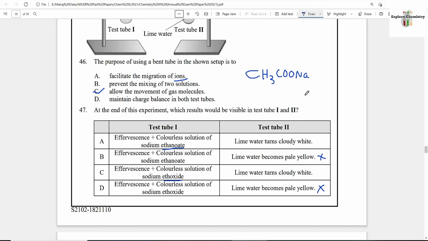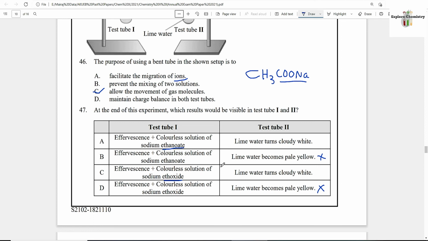The IUPAC name of this compound is sodium ethanoate, because this is a salt of an ester. Ethanoate, OATE, we use this ending with esters' names, like methyl methanoate, methyl ethanoate. So this one is sodium ethanoate.